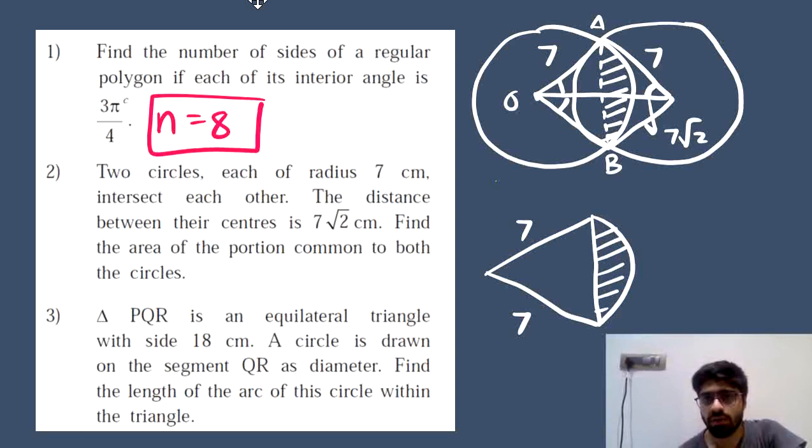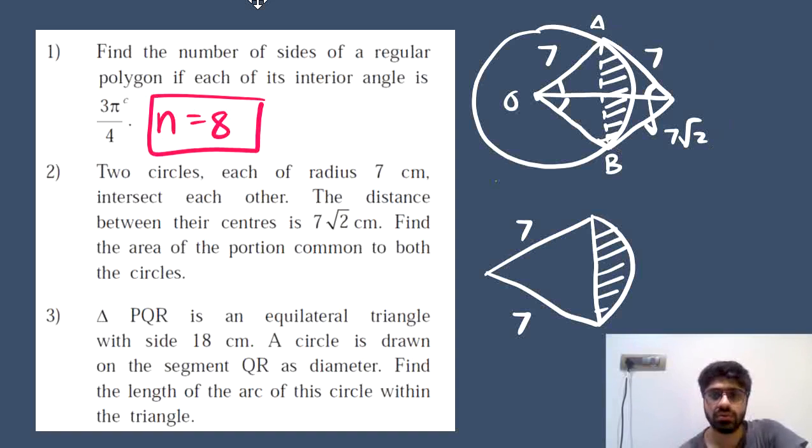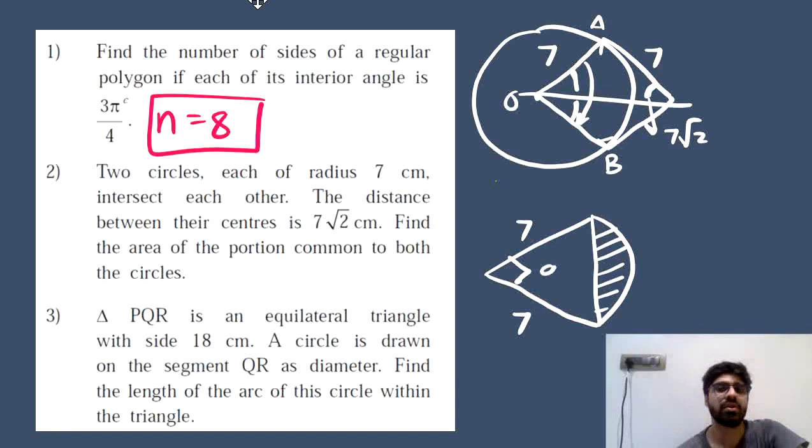The diagram is symmetric, so both these angles, this angle here and this angle here, both of them are 45 degrees. So the total angle here is 90 degrees. So this angle here, precisely if I have to draw it, I would say it is this. Okay, so 90 degrees. So the central angle being 90, I just need the area of this part.